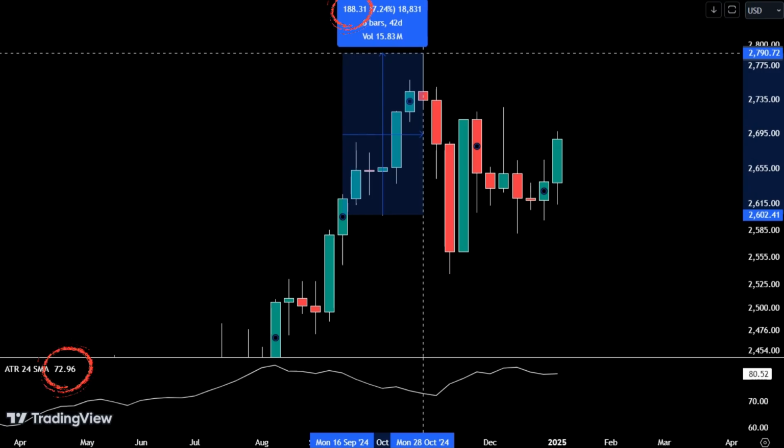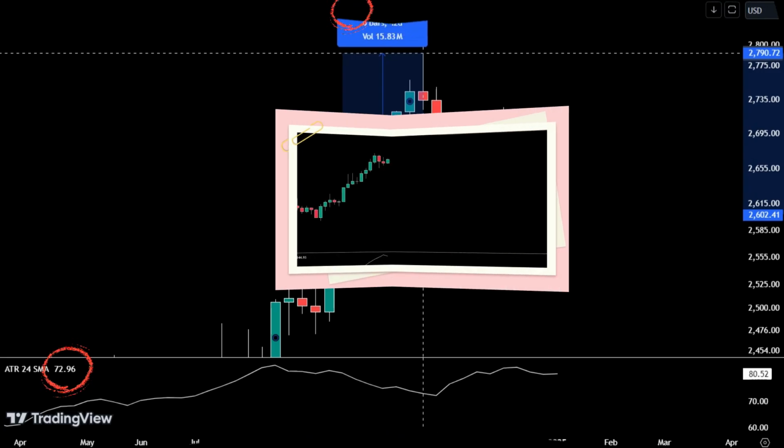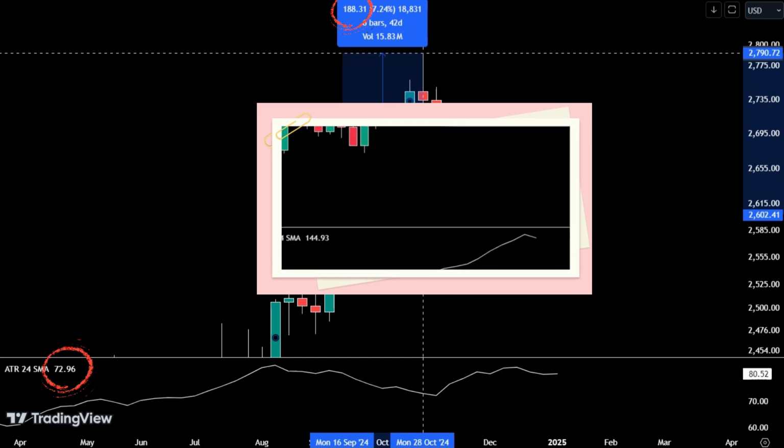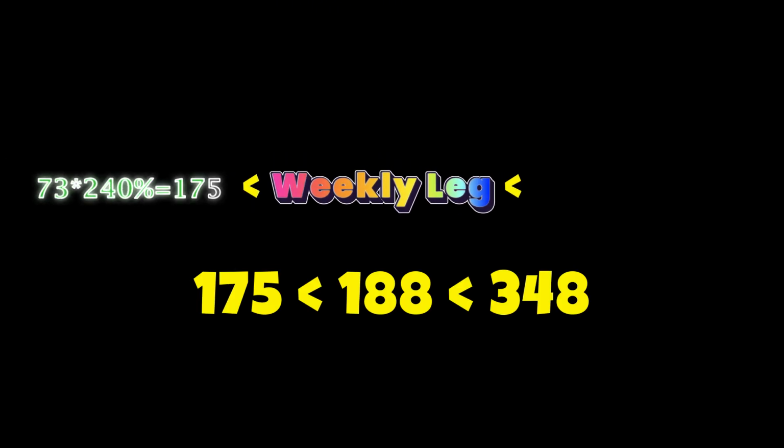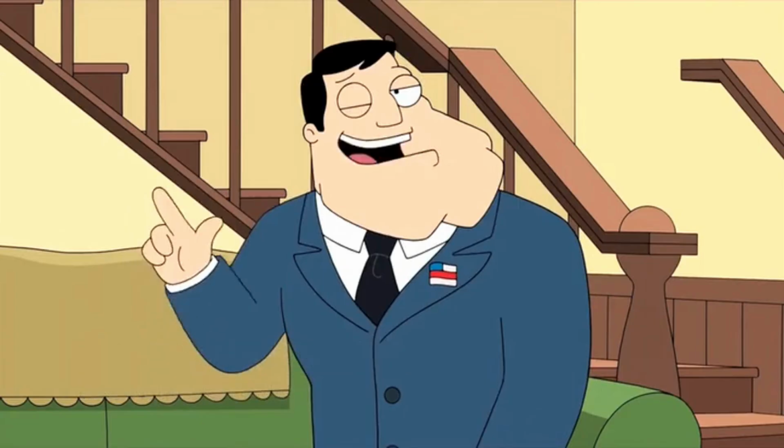The ATR for this time frame is 73, and the ATR for the monthly time frame is 145. So a weekly leg should be between 175 and 348. The length of this leg is 188. Therefore, this is a weekly leg.